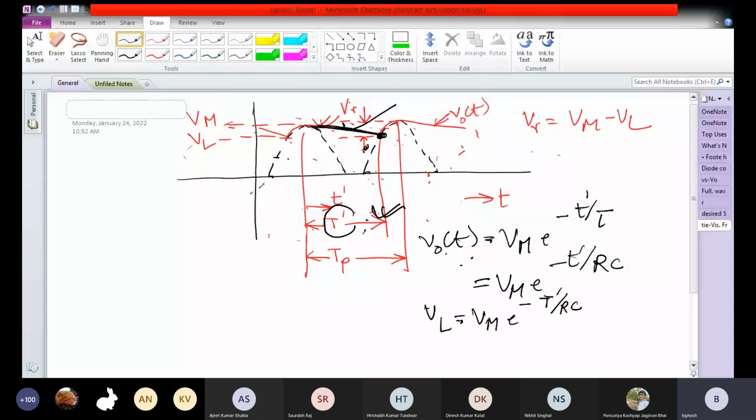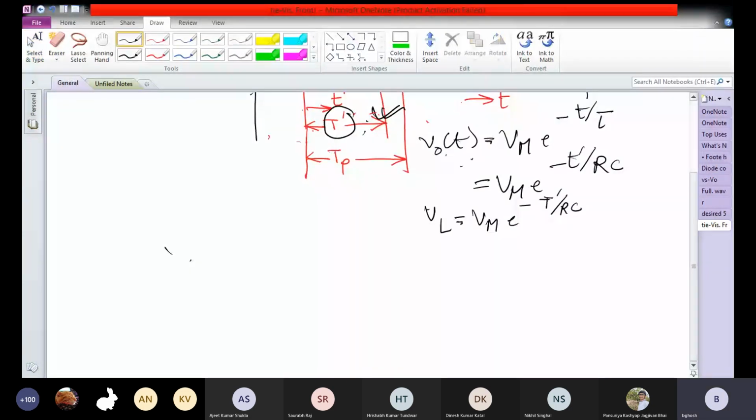So VL is Vm e to the power minus T prime by RC, and therefore VR equal to Vm minus VL is Vm times 1 minus e to the power minus T prime by RC.